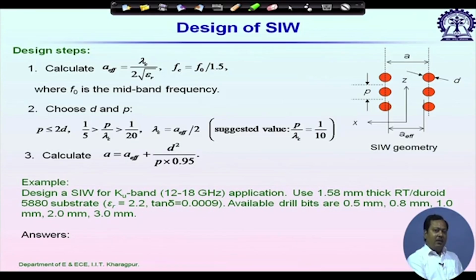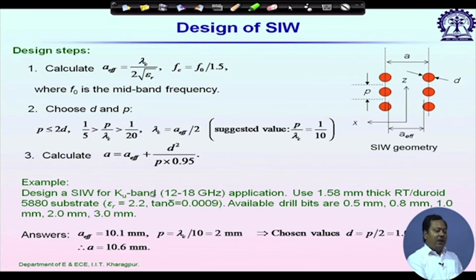So, the mid band, where we will keep the attenuation minimum, is 15 gigahertz. So, FC is 15 by 1.5, that is 10 gigahertz. Then calculate A effective at 10 gigahertz. Once you have that, you can calculate the D value and P value.